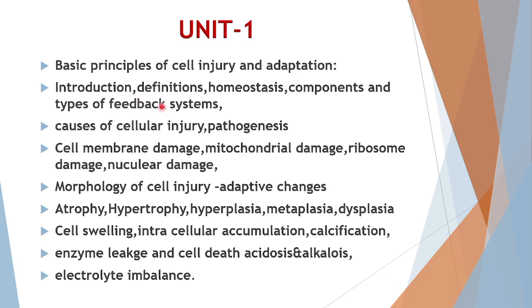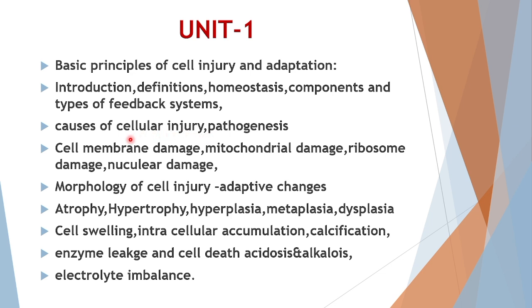Next, the third topic is causes of cell injury and pathogenesis. What are the agents which cause cellular injury? Many factors lead to cell injury, like physical agents, infectious microbes and oxygen deficiency, some chemical agents, imbalance in nutritional levels and immunological agents, along with freezing conditions.